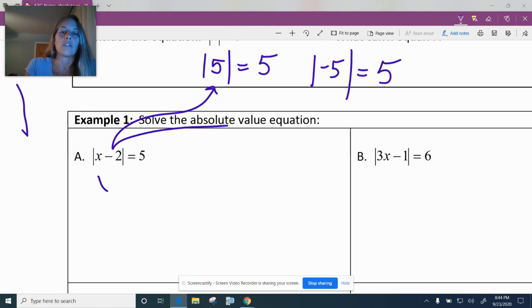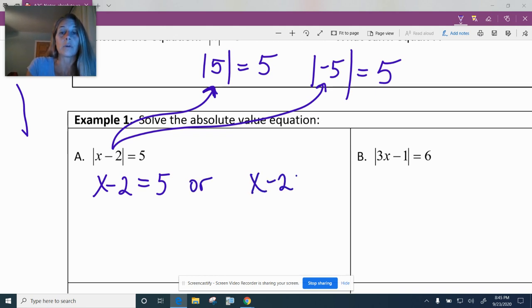This x minus 2 could also be equal to -5, because that's also 5 units away from 0, or has a distance of 5. So x minus 2 could equal 5, or x minus 2 could equal -5.